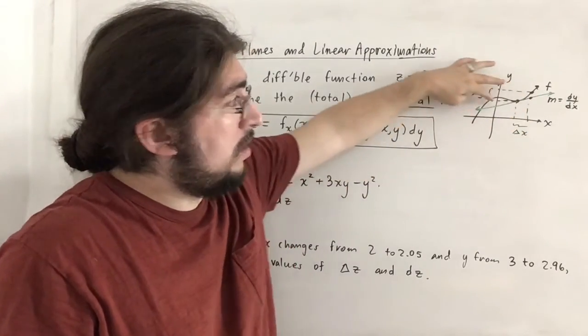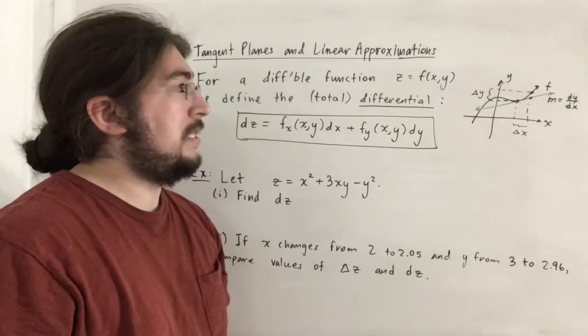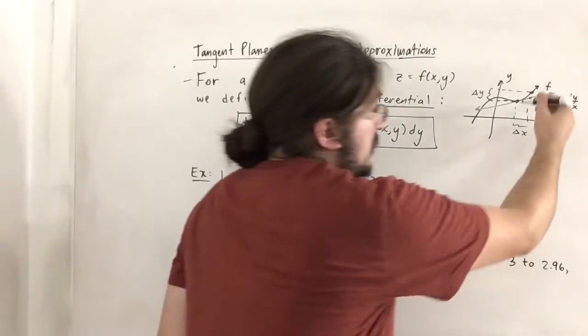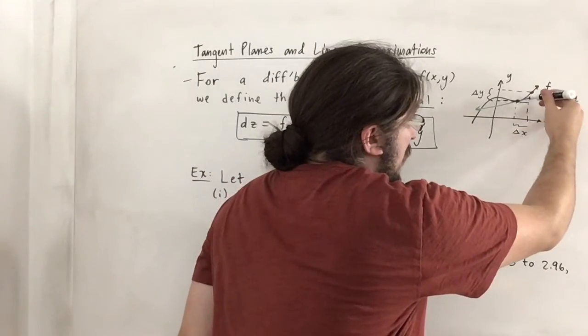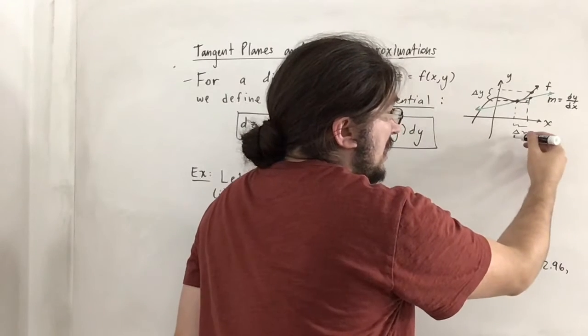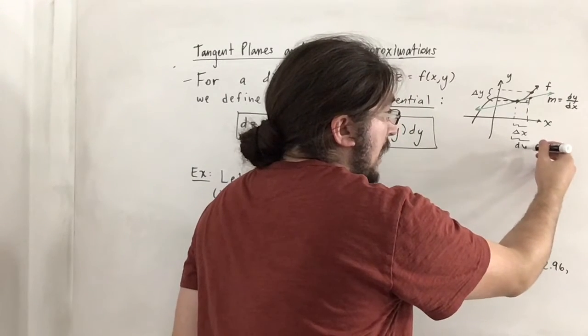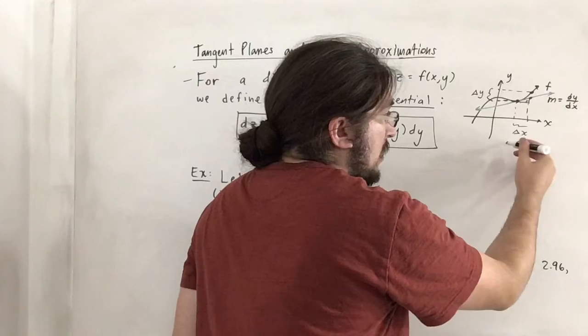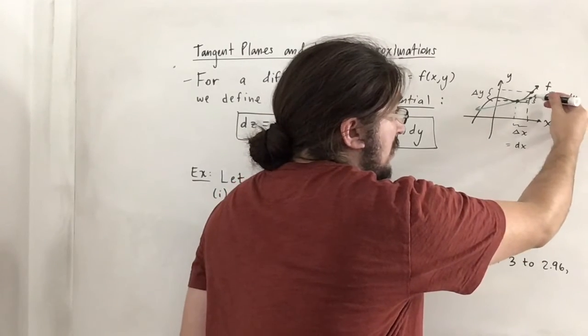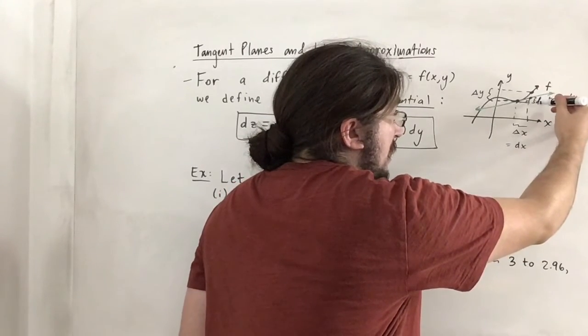Delta y is the total distance between the vertical values of the points. But what certainly is true is if you look at this small little triangle here, this is delta x. You can also treat it as dx. So you can think of it as being equal to dx, where this little change here is dy.